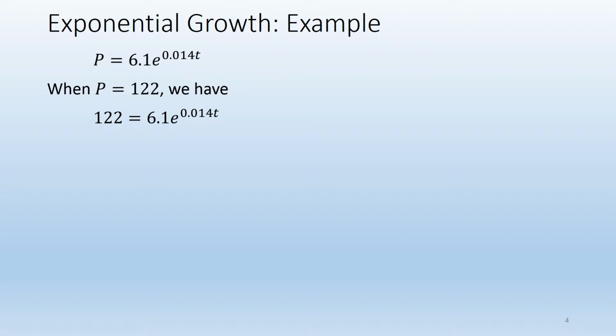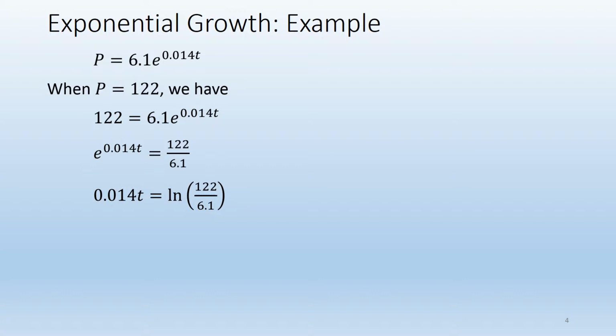Using that formula, we want to find t when P is equal to 122 billion. So we'll substitute the 122 for P, and we need to find what t is. Now to get to the t, we need to get rid of the 6.1 firstly, so we'll divide both sides by 6.1. And now we have to undo the e to the power of. So we want the inverse function of the e to the power of, and that is the log function, log base e.